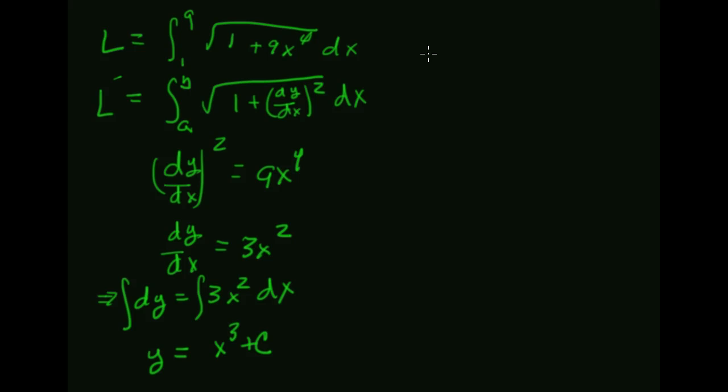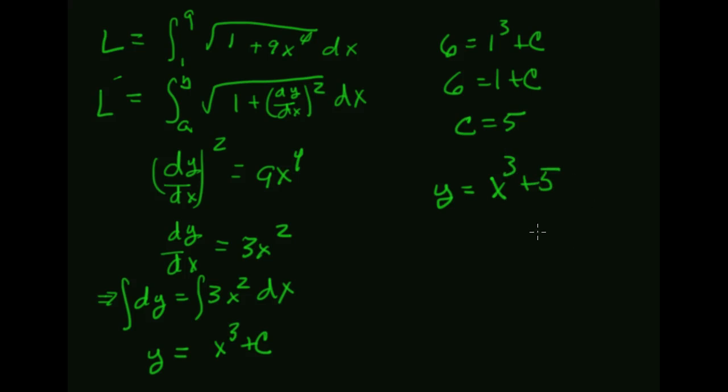They tell me that the initial value is (1, 6). So this means that if I put the 6 in for the y and the 1 in for the x, well, let's see, 6 is equal to 1 plus c. C then is 5. So y would have to be x cubed plus 5, which looks like answer B.